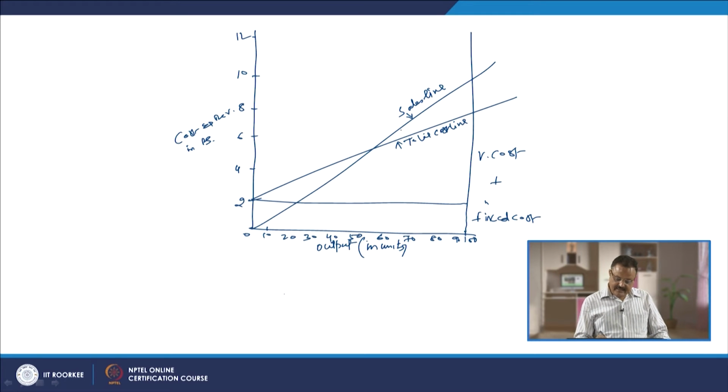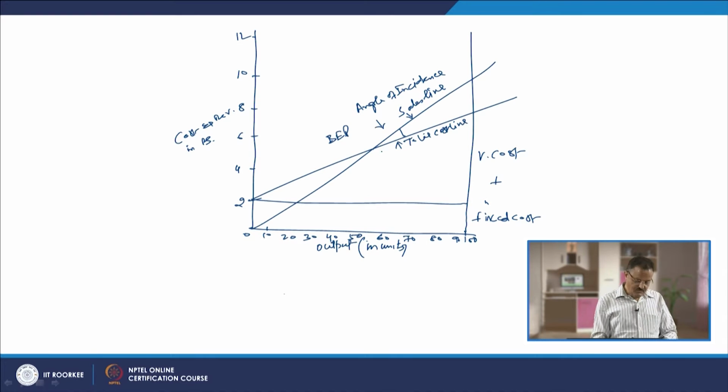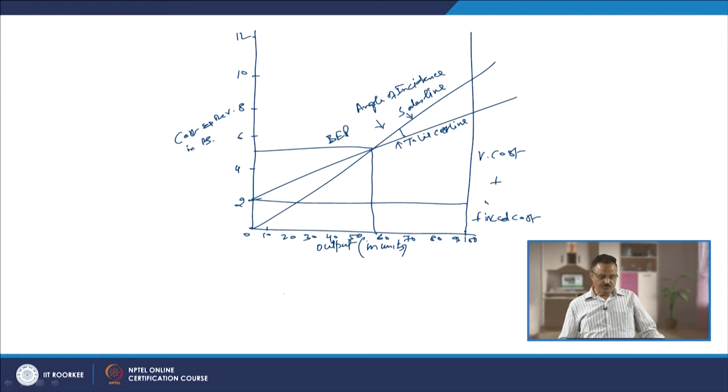Here is one angle, called the angle of incidence, and this point is called the break even point. Here it is some amount of sales revenue, for example 4.5 or 6 lakhs, and in terms of units somewhere around 58,000 units.